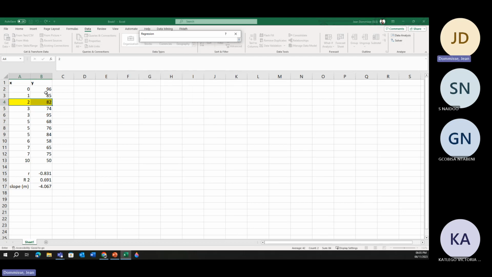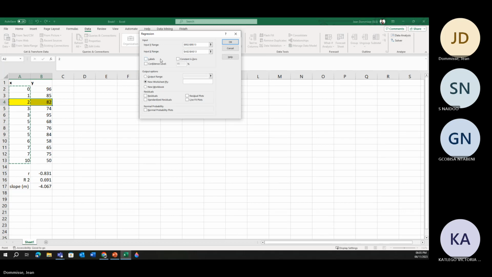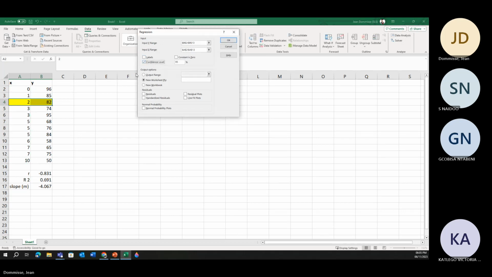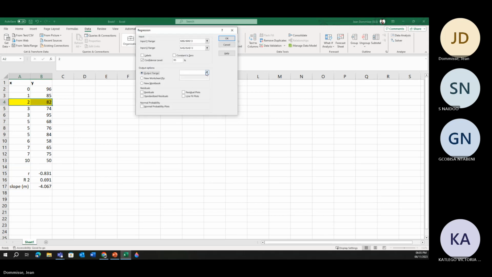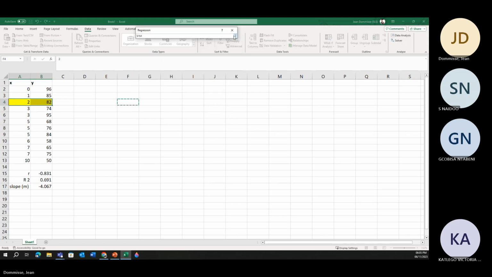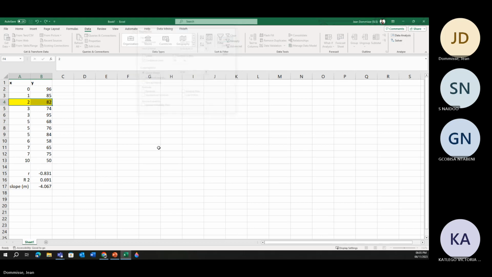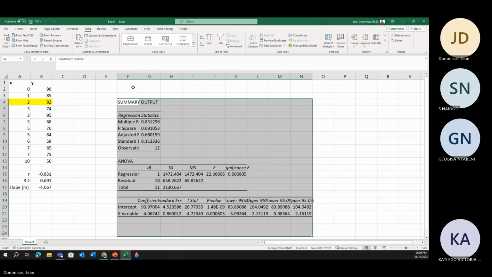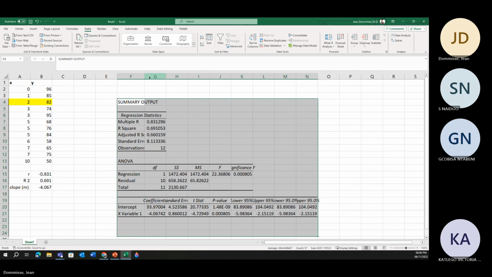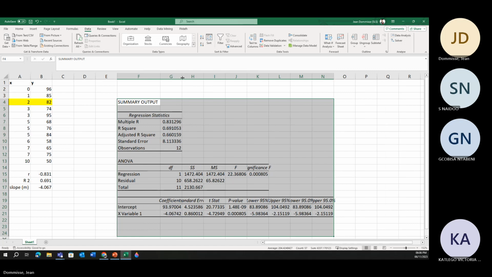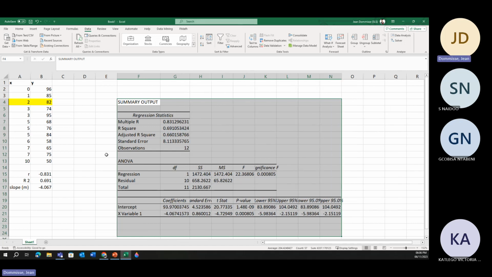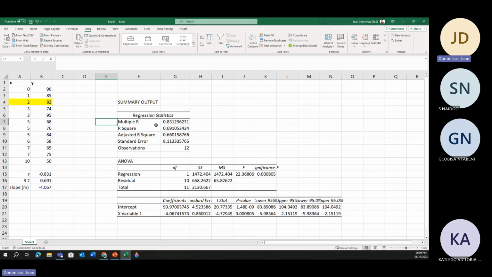Let's just check with a regression. Okay, let's just check this output. I just want to see what is in here.